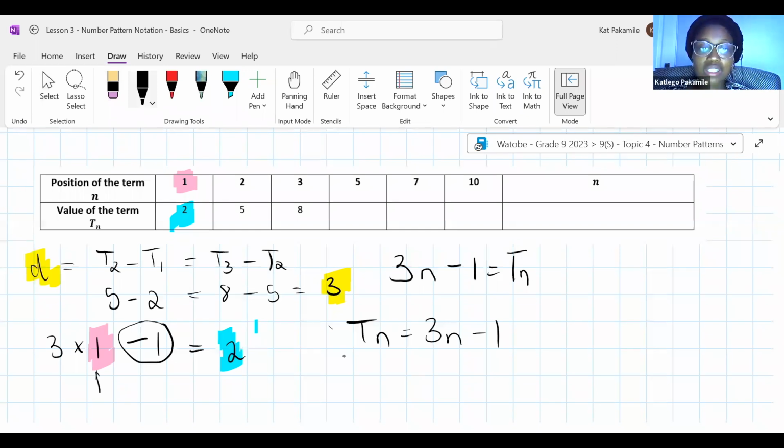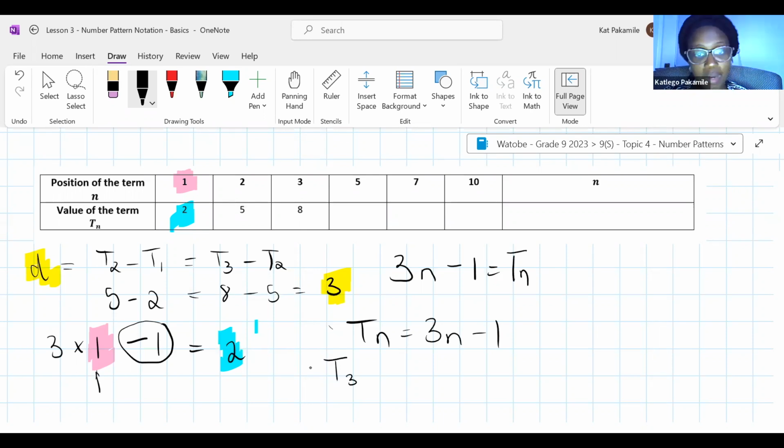Okay, so if I said to you, what's the value of term number 5? You can go and add 3 until you get to term number 5, or you can just use N.